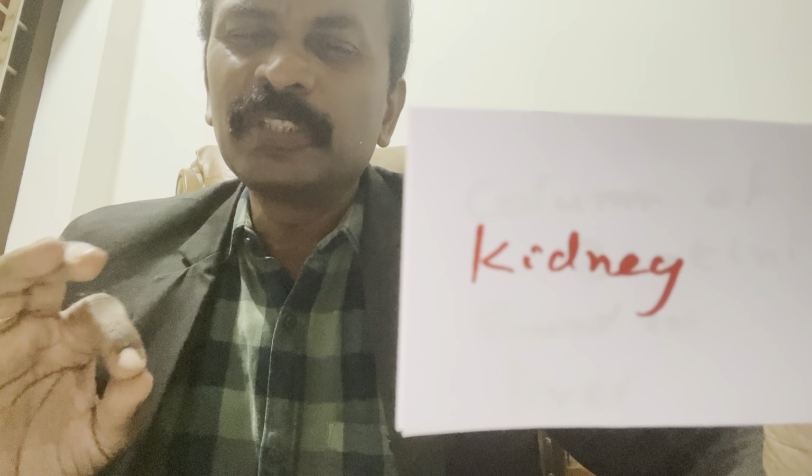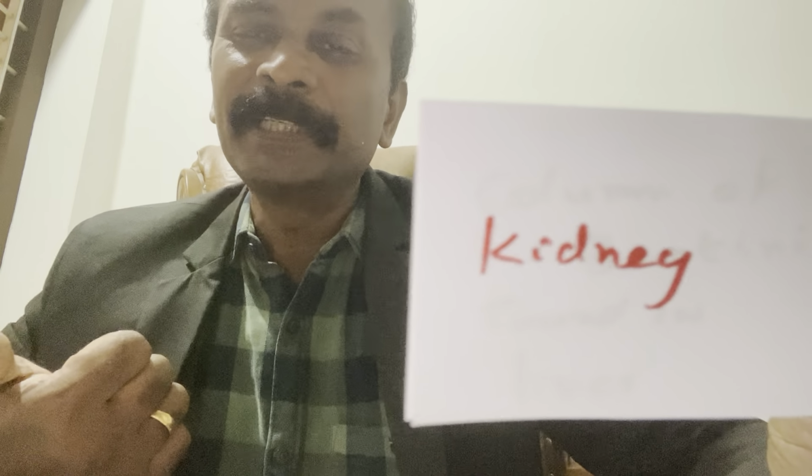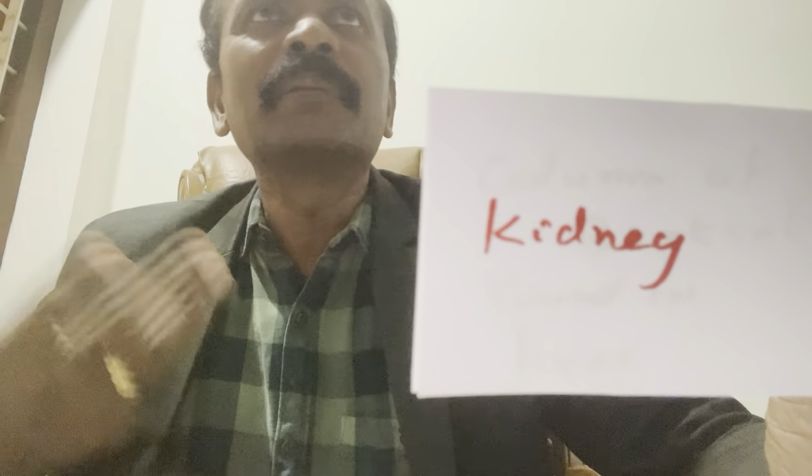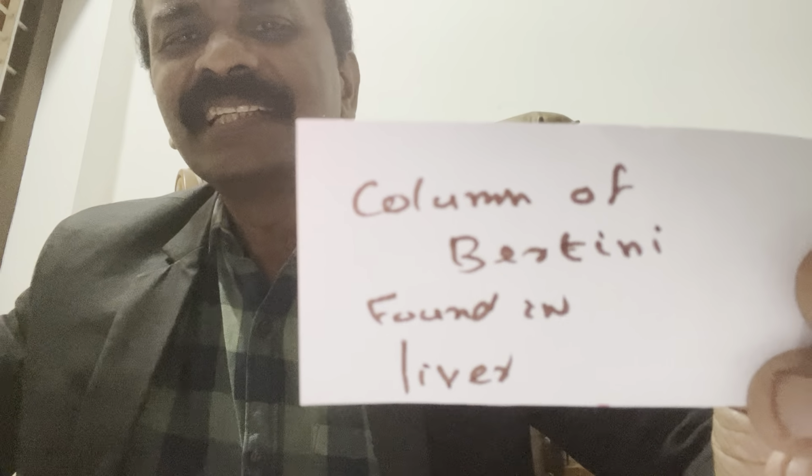See, in NEET preparation, you must concentrate on the questions, not the answer. That's a wrong way. Many people don't know how to study for NEET. Whenever I read kidney, you must suddenly remember, okay, column of Bertini is found in kidney. Then you can always say this is a wrong statement. Right?